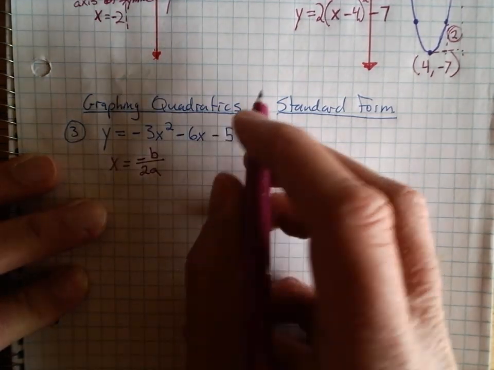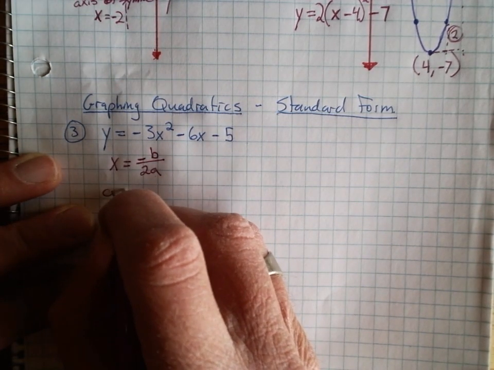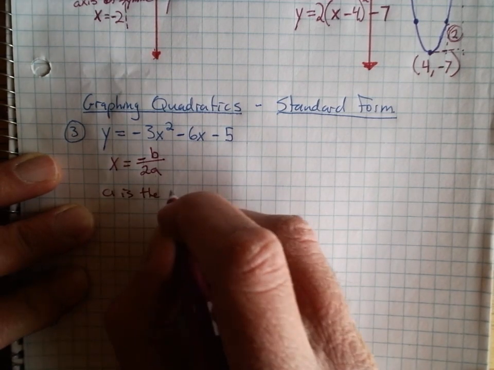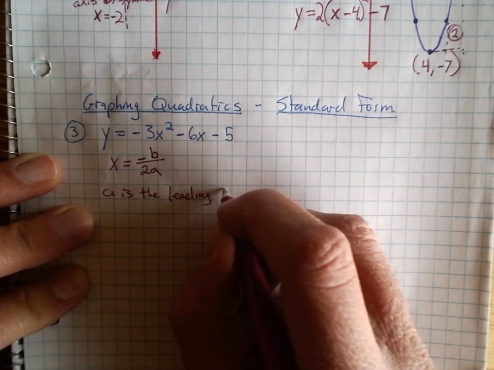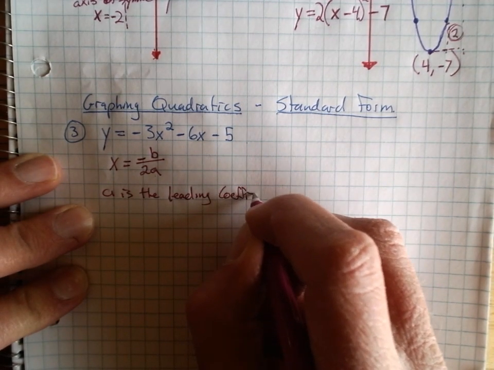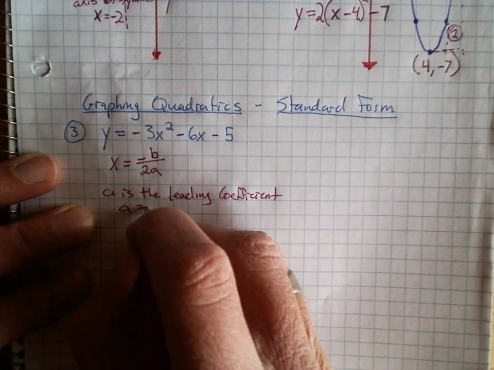So in this case, a is the first, or the leading, coefficient. In this case, a equals -3.